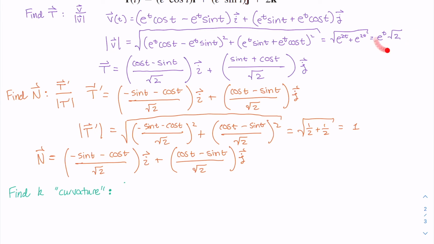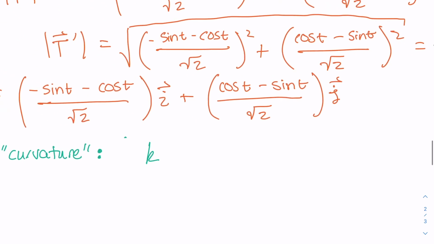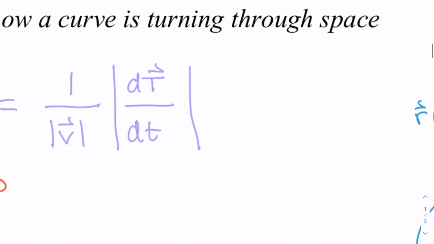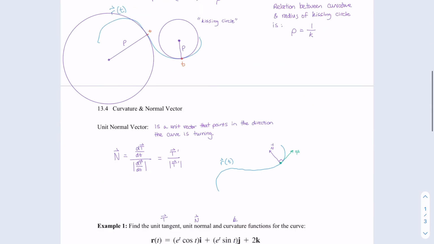So we'll get 1 over e to the t square root of 2 times the magnitude of T prime, which we have right here.